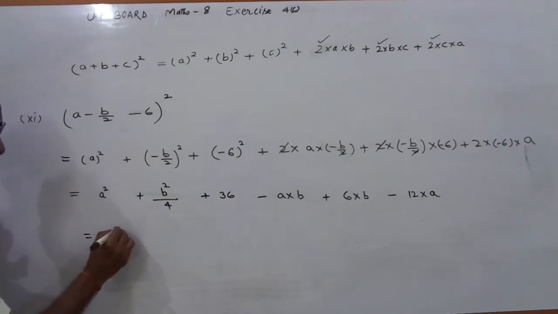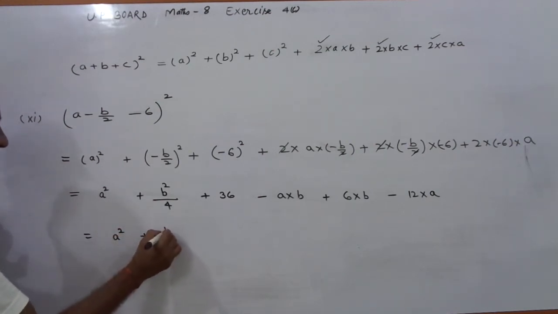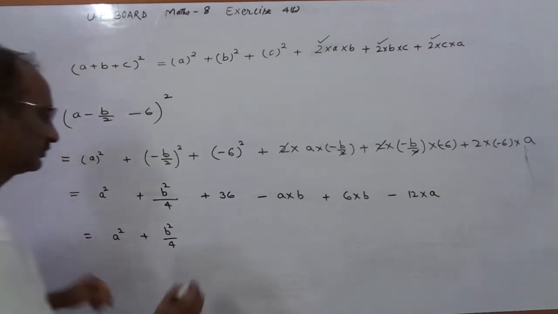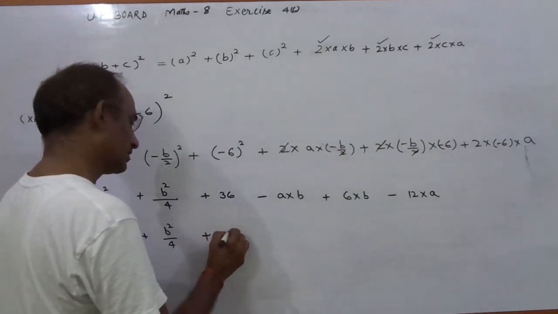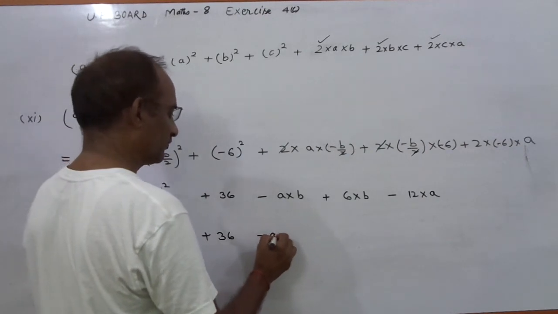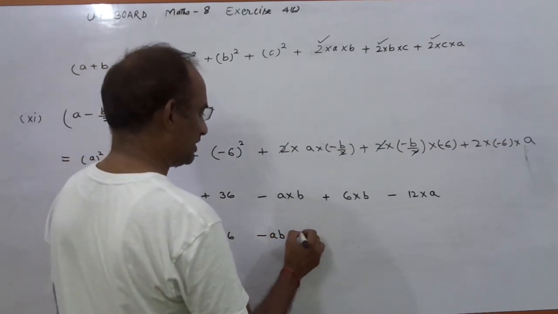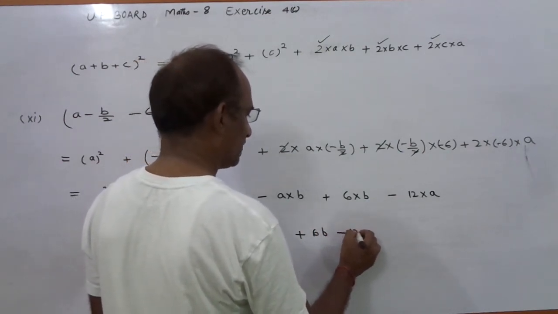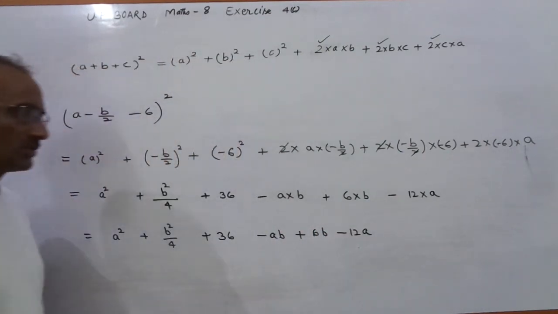So our answer will be a square plus b square upon 4 plus 36 minus ab plus 6b minus 12a.